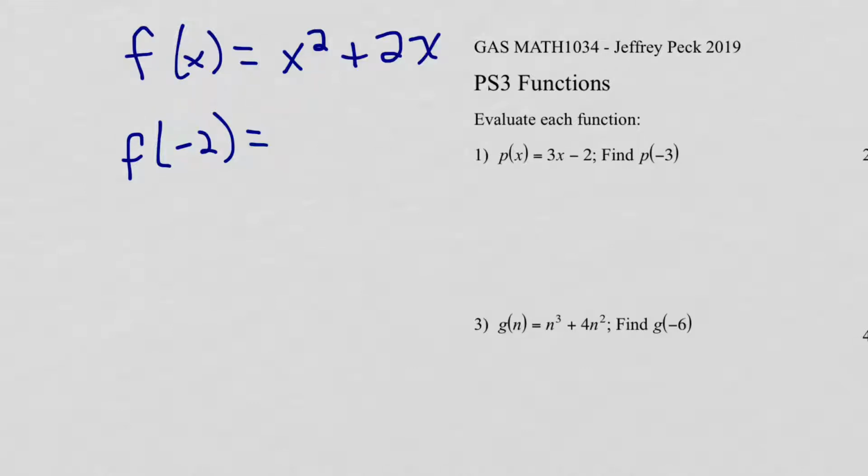So let's look at an example like f of x is equal to x squared plus 2x. We are asked to substitute -2 into the function named f. So the way that works is we put -2 inside a bracket. It's really important to substitute in brackets.